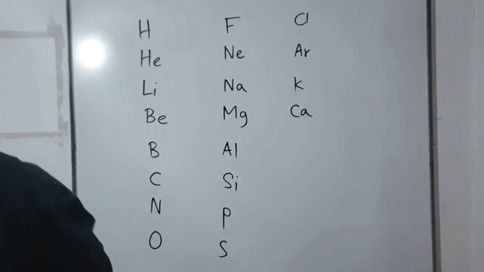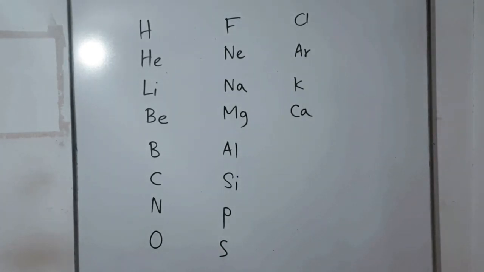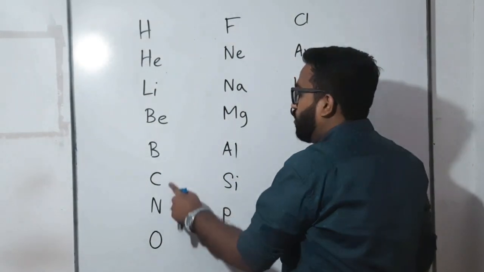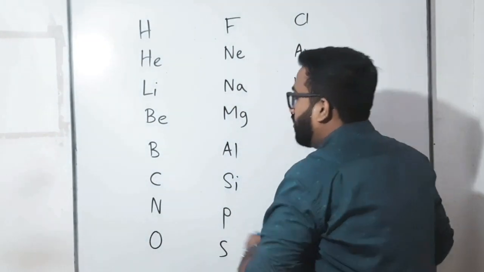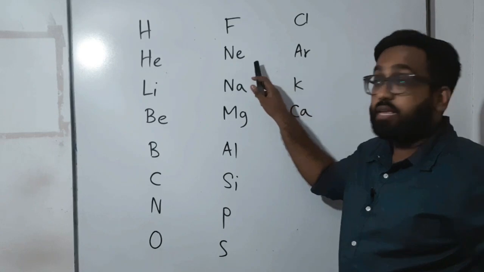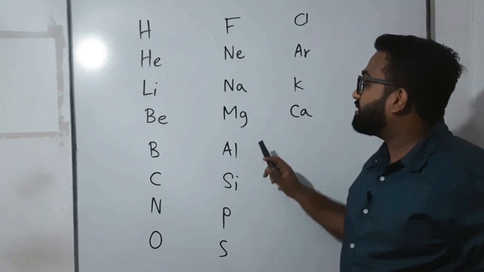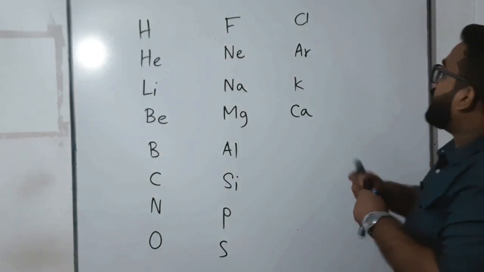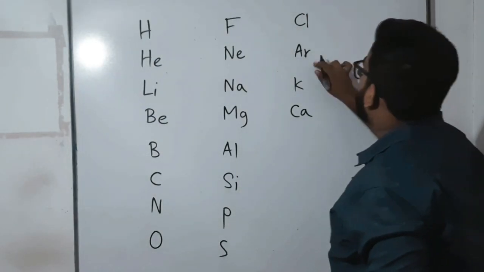These are the first 20 elements of the periodic table. Still, if you are not aware, please write with me. I will tell it once again: hydrogen, helium, lithium, beryllium, boron, carbon, nitrogen, oxygen, fluorine, neon, sodium, magnesium, aluminium, silicon, phosphorus, sulfur, chlorine, argon, potassium, calcium.